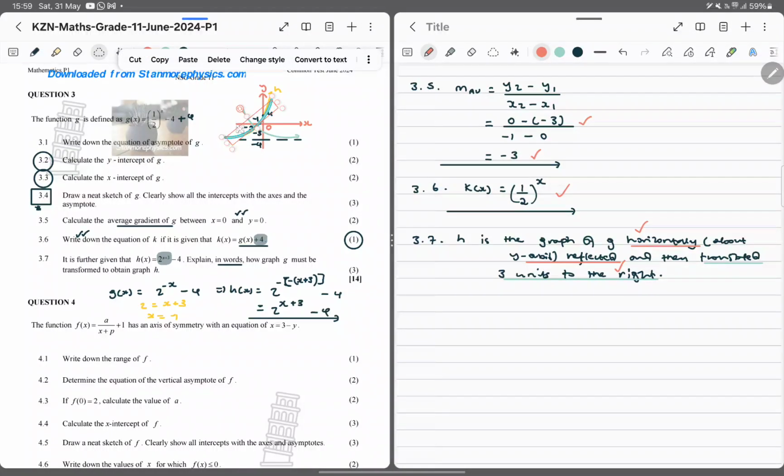Do you see now? It means we shift it to the left 3 units, not to the right. Wow, that was a naughty question. It was naughty, but nice, you see.